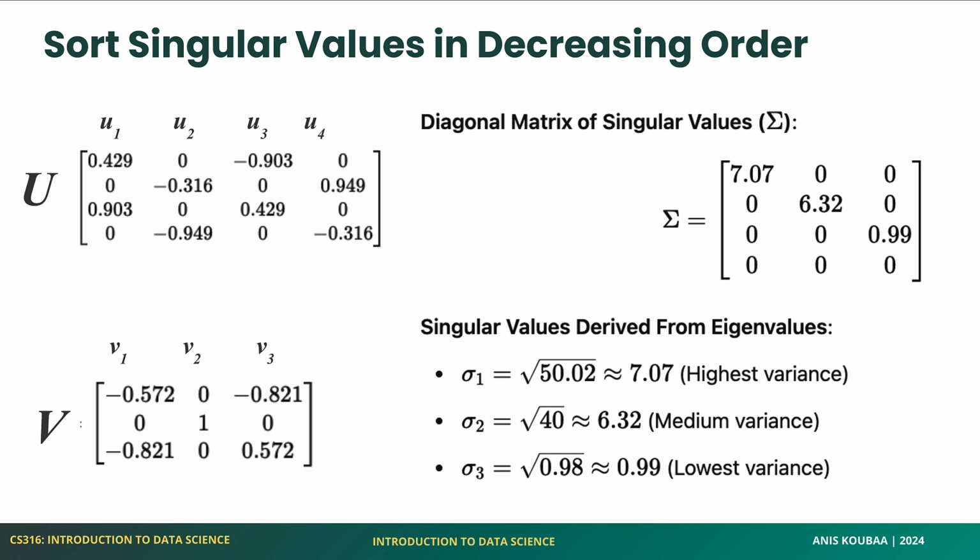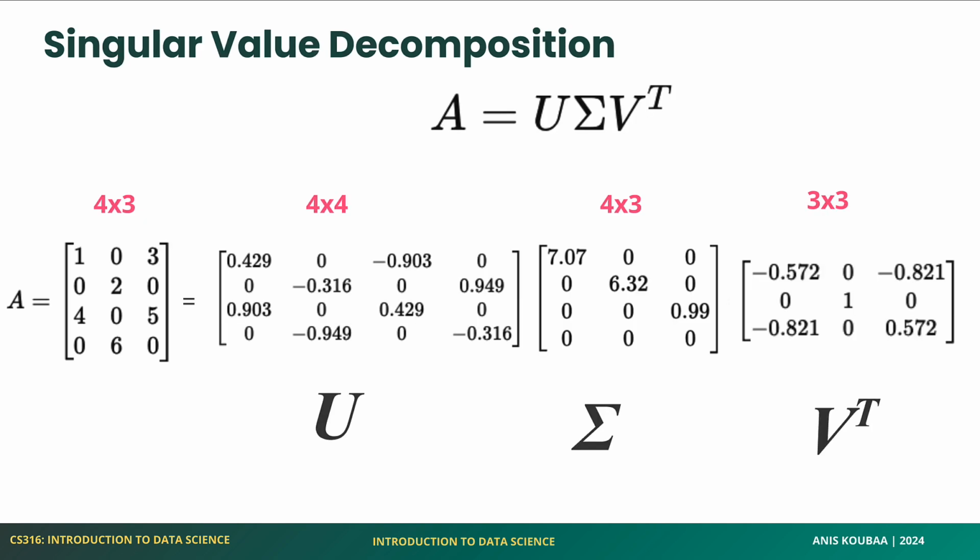And now the magical equation is that every matrix A can be decomposed into the product of U multiplied by sigma multiplied by V transpose. Believe it or not, this is a fact. Every matrix can be decomposed into a singular value decomposition.